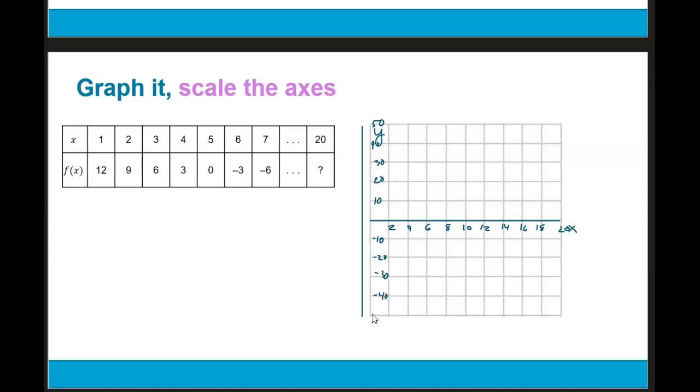And I just put these axes in this particular place because I knew that our f of x was going to go negative. So now I can just graph these. Let's see, 1, 12 is right about here, right about there. 2, 9 is right about here. 3, 6, maybe right there. 4, 3, maybe there. 5, 0.